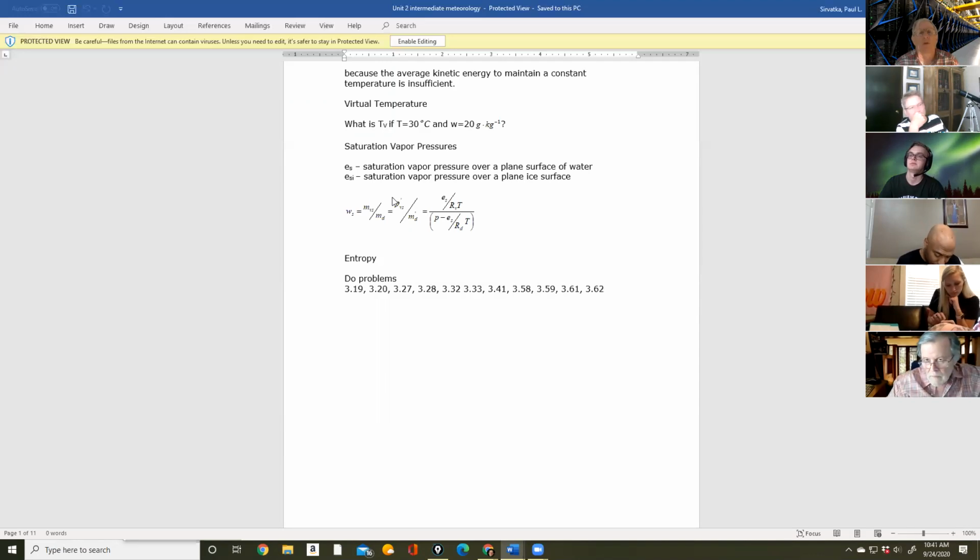I did. What did you get as the apparent weight? I got 43.2 grams per mole. 43.2, that seems right. Yeah, I got the same thing. And then what's your ideal gas constant? 192.5 joules per Kelvin kilogram. Yep.